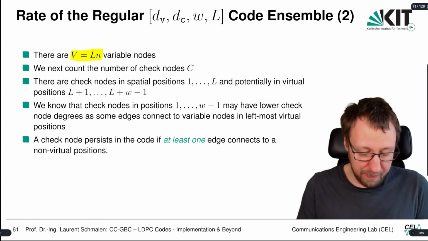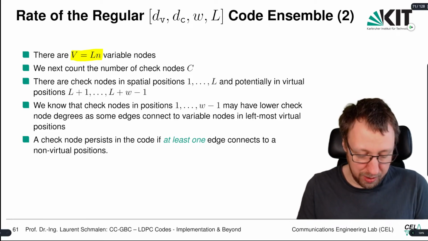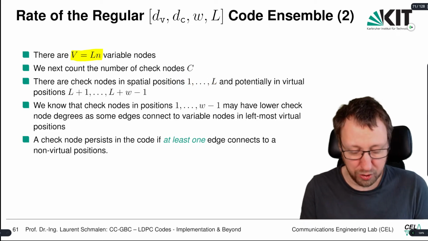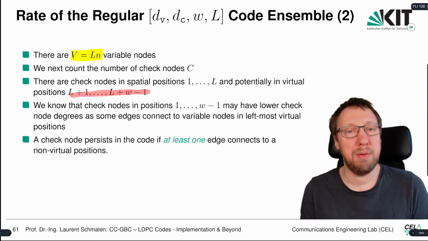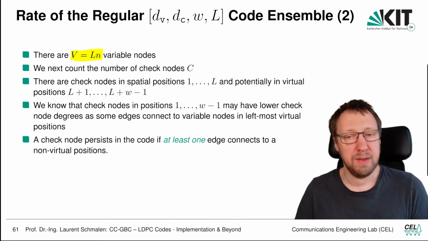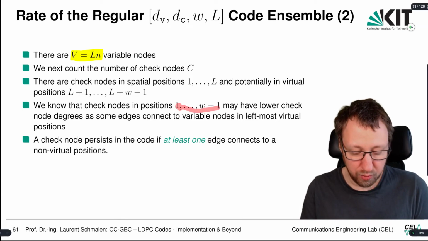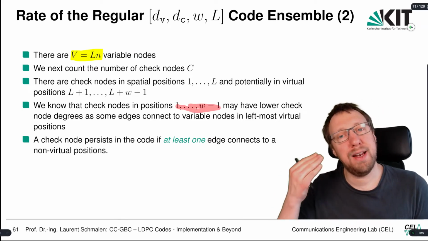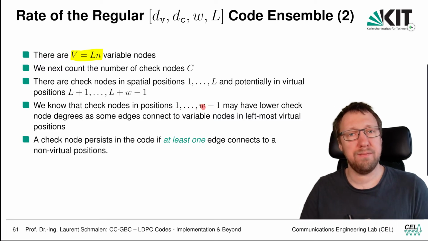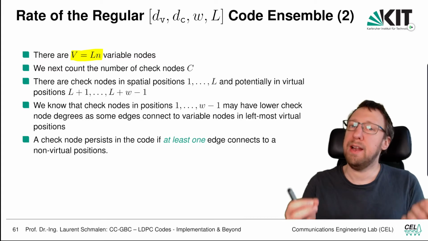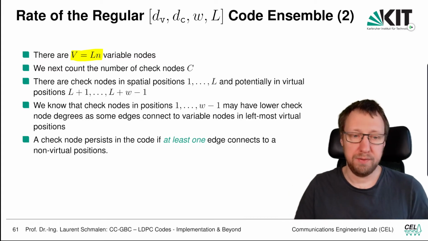So the check nodes in the spatial positions 1 to L, and our check nodes in the virtual positions L plus 1 to L plus W minus 1. The check nodes in positions 1 to W minus 1 potentially have a lower check node degree because some of the edges are connected to the left virtual positions and then are potentially removed.